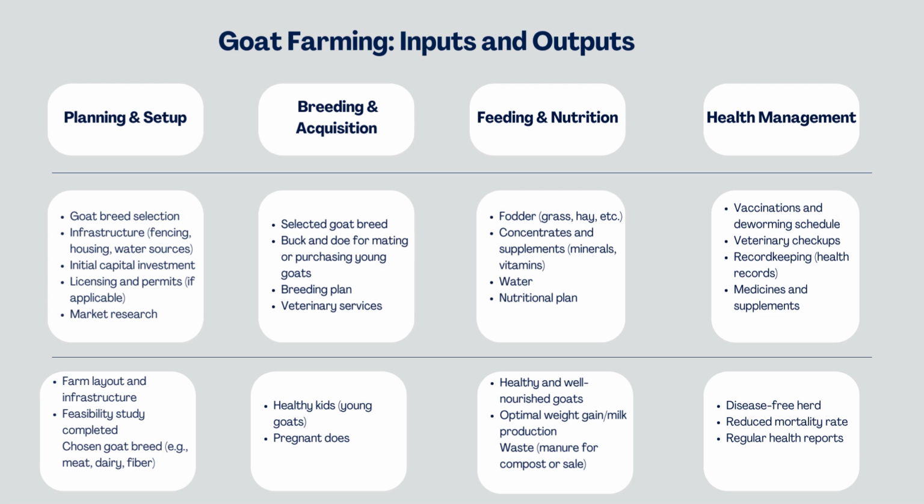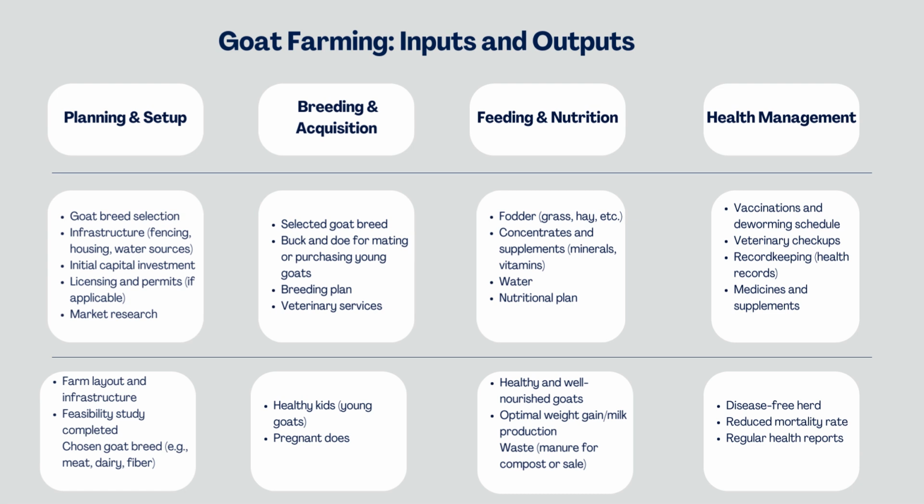When you're looking at feeding and nutrition, we're looking at an input of what type of grass or hay, concentrates and supplements, minerals, vitamins that they need to consume, the water, the nutritional plan, and the output we're hoping would be healthy and well-nourished goats, optimal weight gain, milk production, and manure for compost or sale.